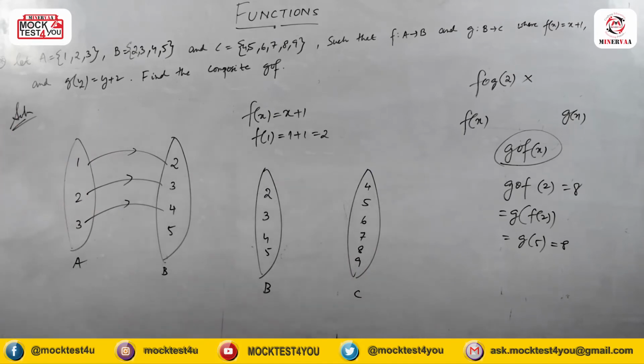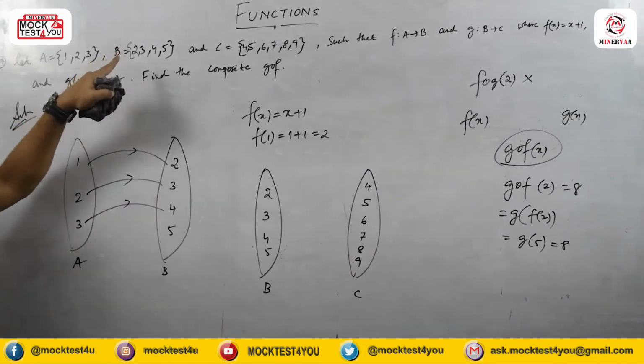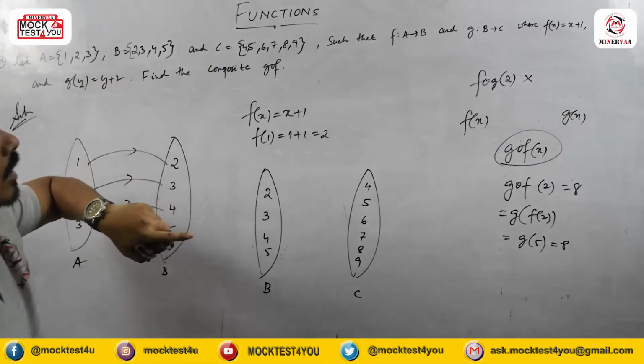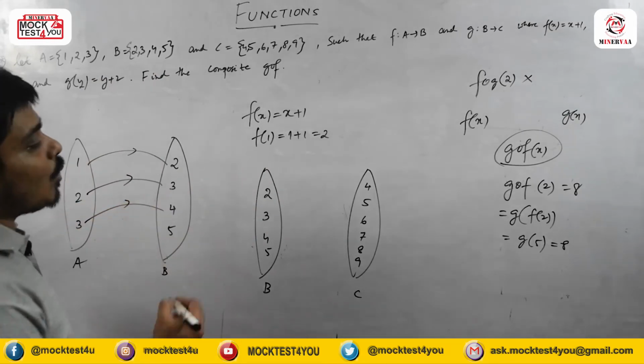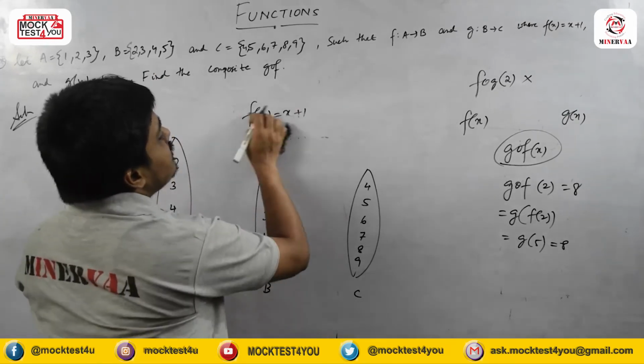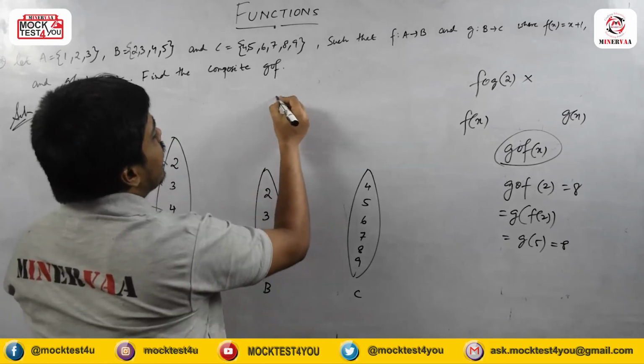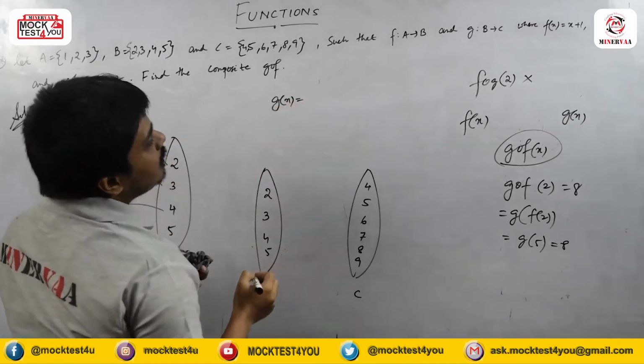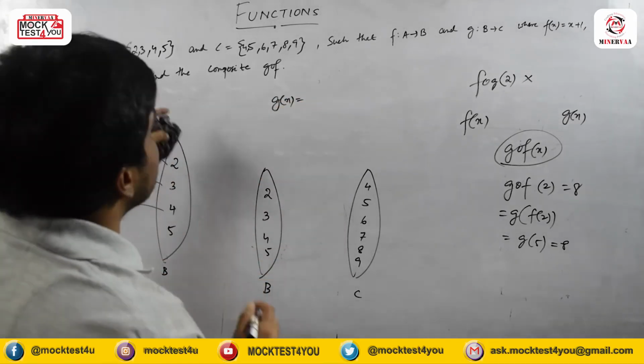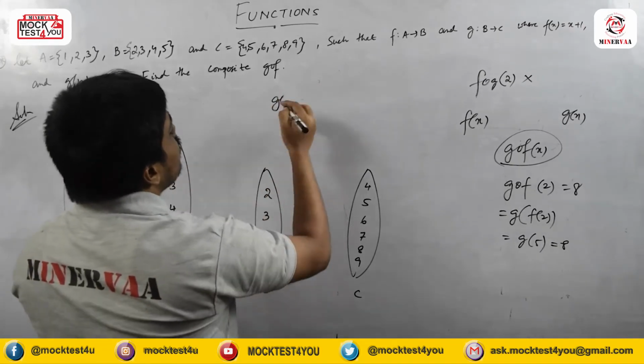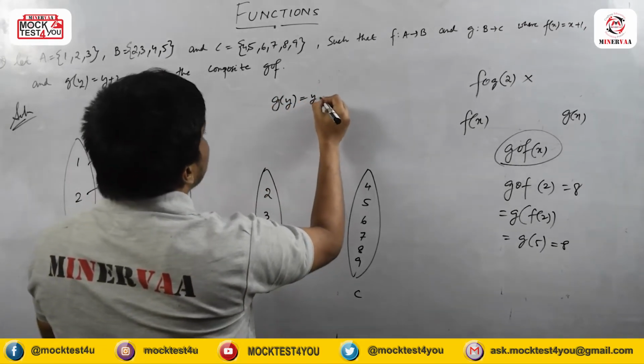I have changed the question. I inserted 2 in here, so I need to insert 4 there. So if I do the mapping, what will it be? g(y) is equal to y plus 2.